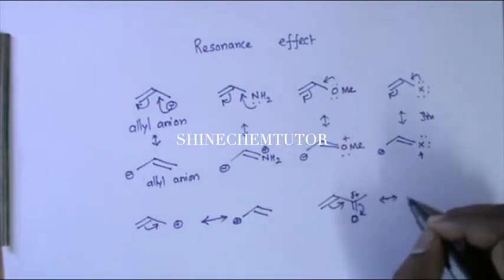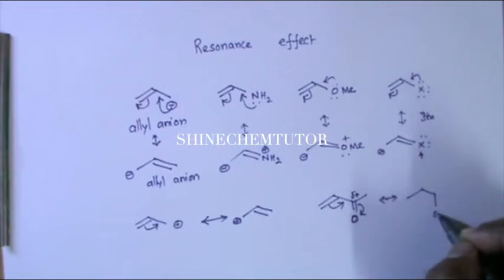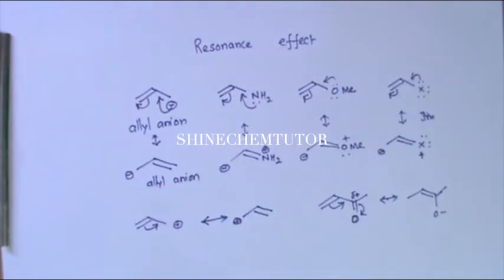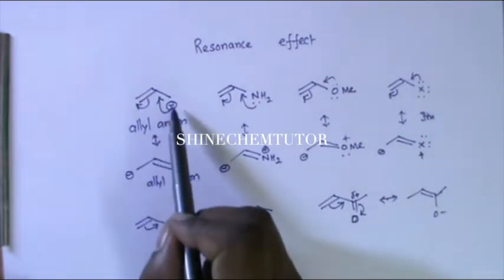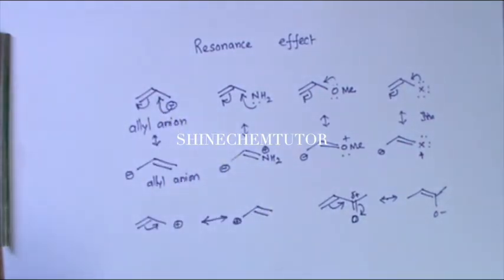This undergoes resonance to give this. So the resonance can take place in the case of allyl anion, allyl cation and alpha beta unsaturated system. Whenever there is an electron withdrawing group, then there is a possibility for resonance effect.